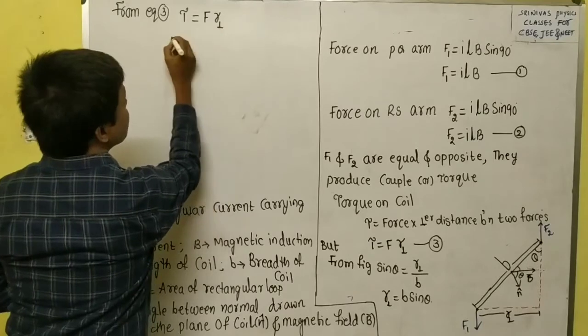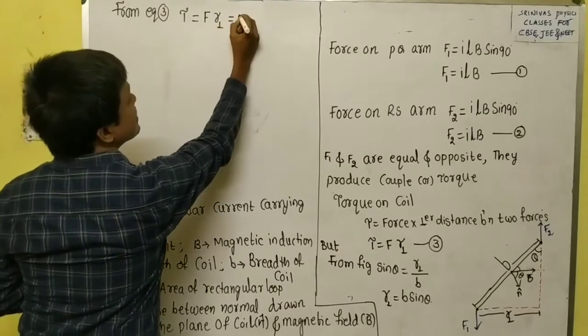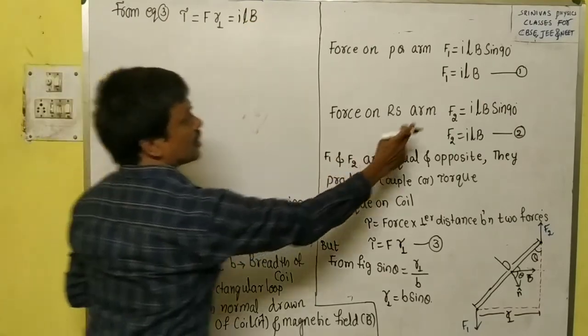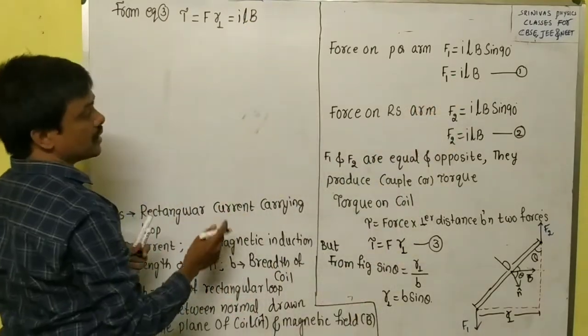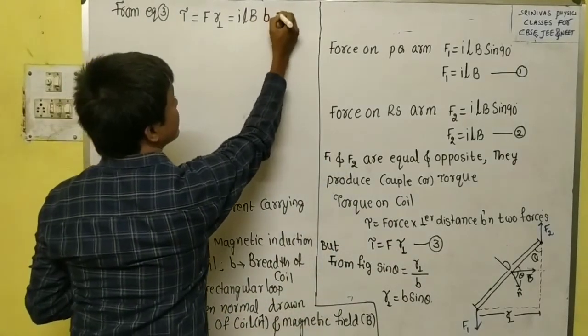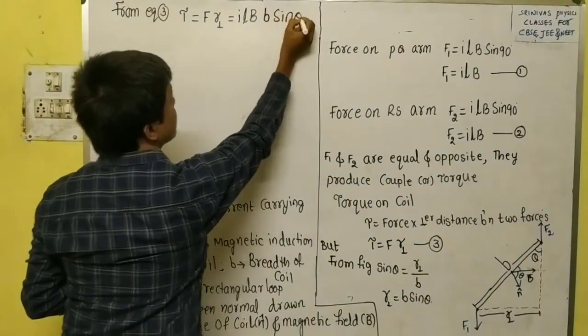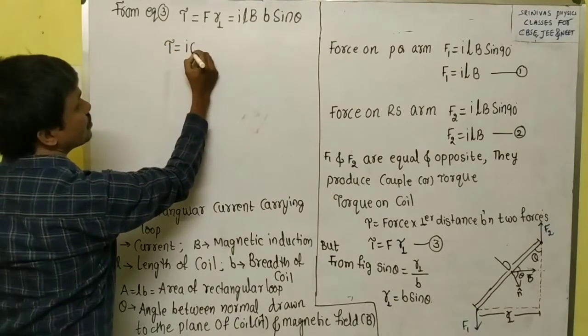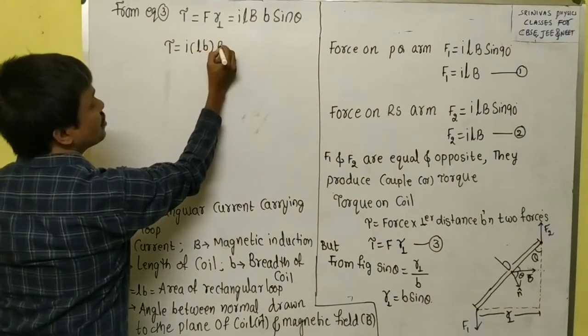But what is F? F is ILB. Is it right? F is the force, this one, equation 1. And R perpendicular we got as B sin theta. This one we can write like this: tau is equal to I into LB into B sin theta.